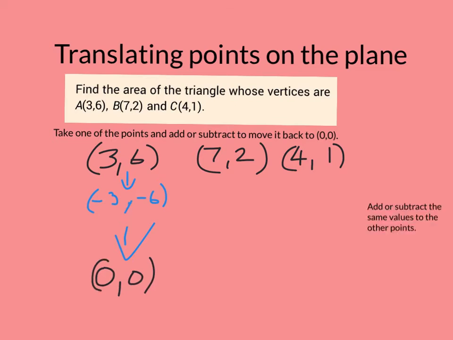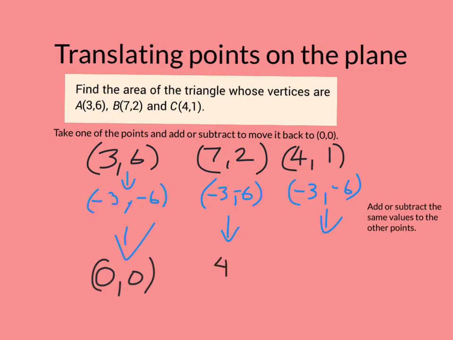And then I'm just going to take the exact same values away from all of the other points so that I move my triangle correctly. Okay, so -3, -6, -3, -6. And if I do that, I have 7 minus 3, which is going to give me 4.